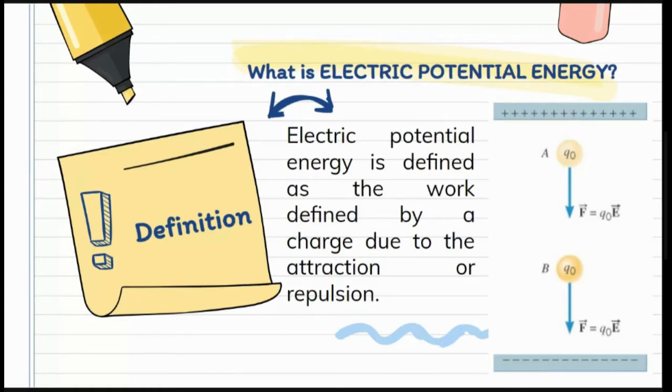Remember, when we talk about work, this is the amount of force present as we move a certain object. So if there is a force present in a certain system and that force causes a displacement of a certain body, then there is work done.